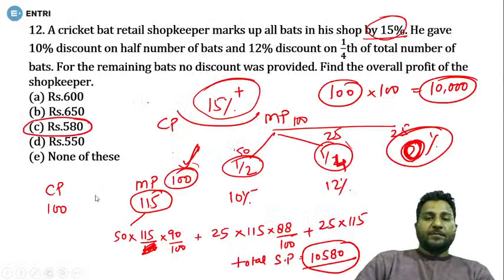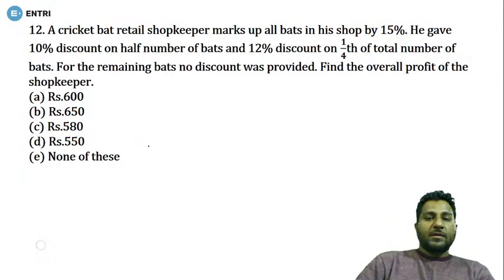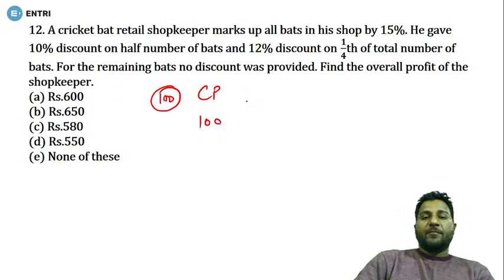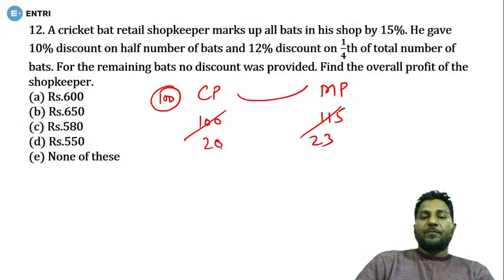Look at this. Look, the cost price, let's say that 100 was there. Okay, and the MRP will be 115. So that means from 20 it will be 23. So let's suppose 2000 and 2300. Okay, 2300, because MRP will be like this. So for 50 we have sold at 10% discount.